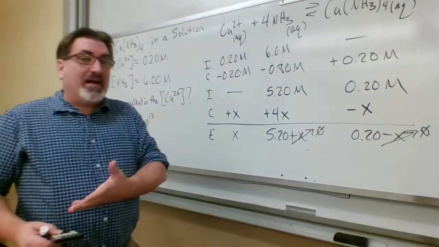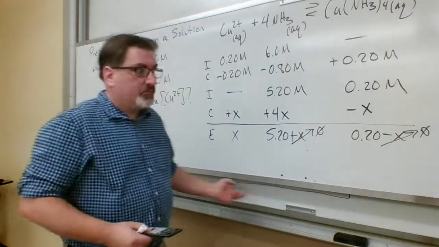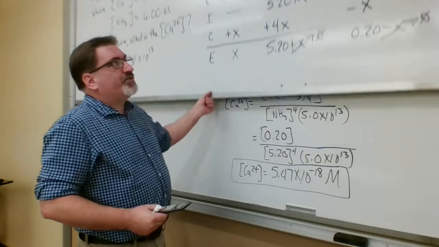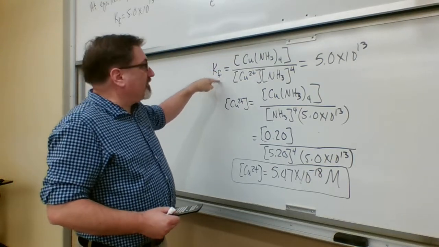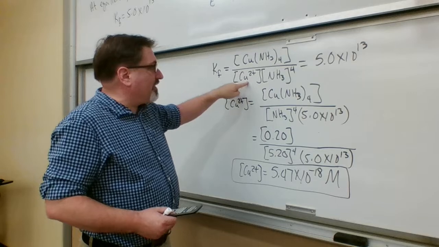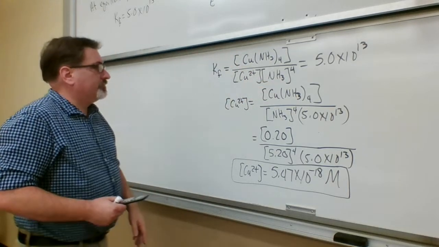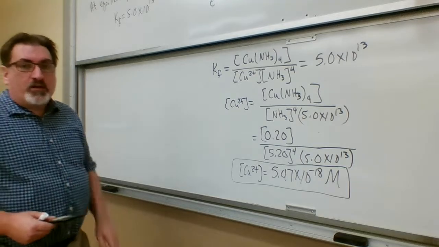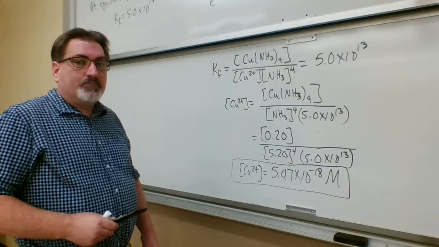Since all of these Kfs are large, they're all situations where you can drop these X's. Once you know what your variables are, set up your Kf expression. The Kf expression is the complex divided by the metal ion divided by the ligand, all raised to their appropriate powers. Then plug in what you know and come up with the metal ion concentration at the end. Okay? Good luck.